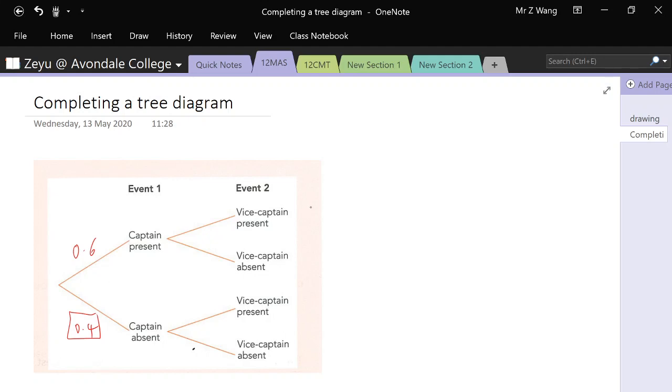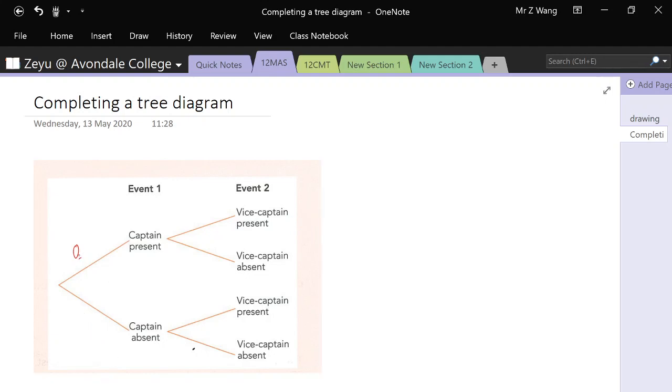And then talking about this probability, number 7, what does it represent? So this is the probability of what? The vice captain. From the captain present to the vice captain present. Yeah.